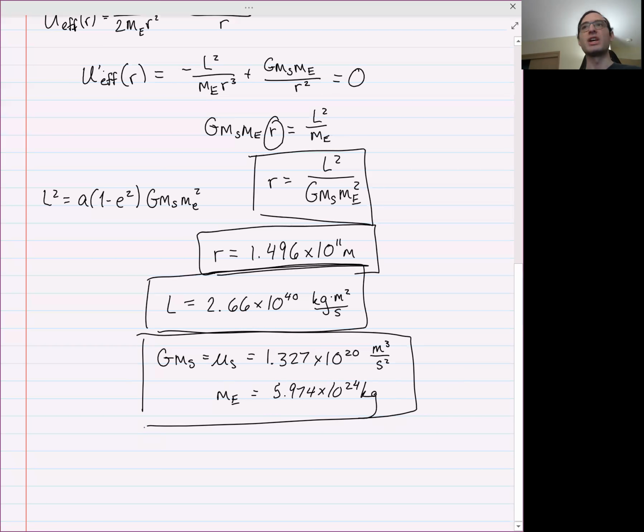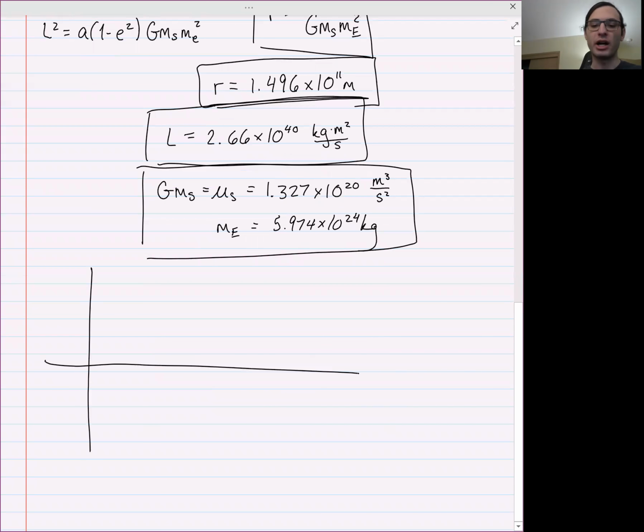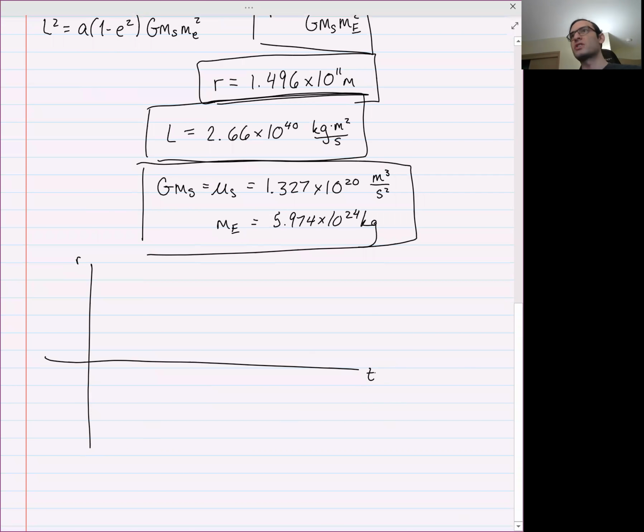Right, so part 3C is now saying, what would happen if we were to plot the distance that the Earth is from the sun, R, as a function of time? Well, we know that when the Earth is closest to the sun, that's perihelion, so 147.1. I'm going to drop units here just to make it easier.